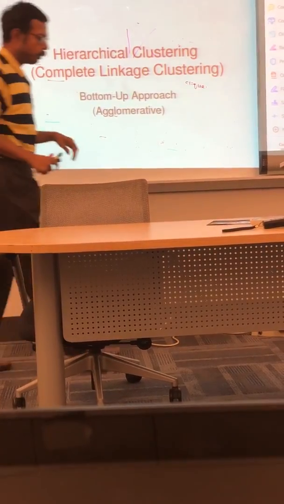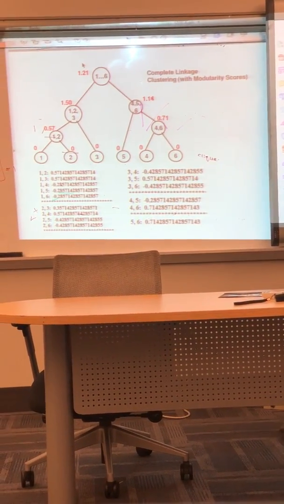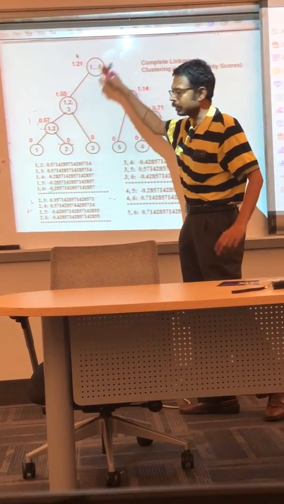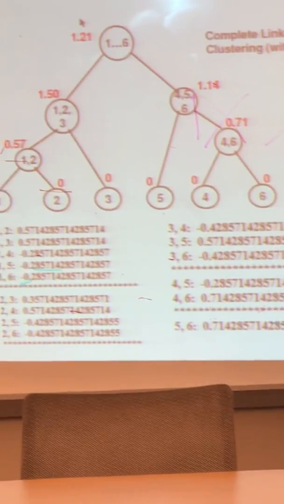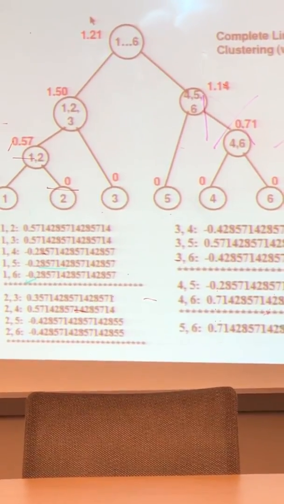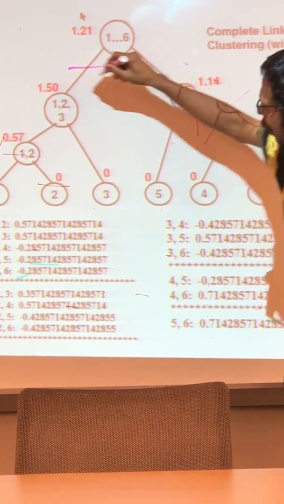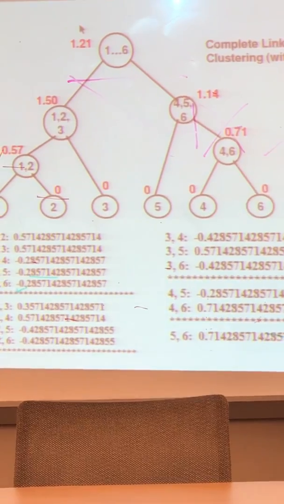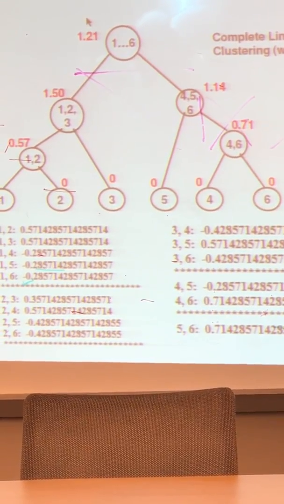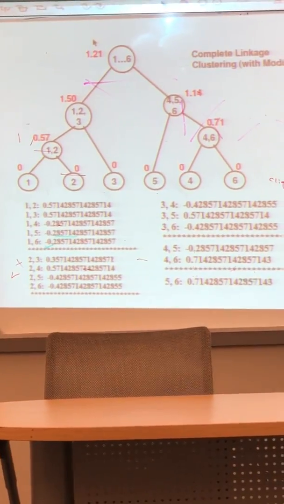Then we are going to come up with modularity scores for each of these partitions. So we're going to partition the graph into different communities and decide where to cut it off, whether to cut off like this or cut off like this, and decide what is the best possible partition. Okay, so that's the idea.